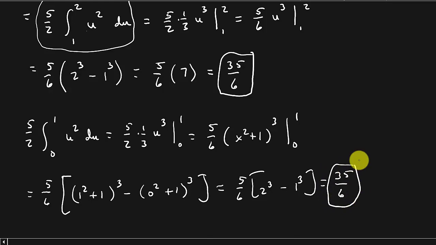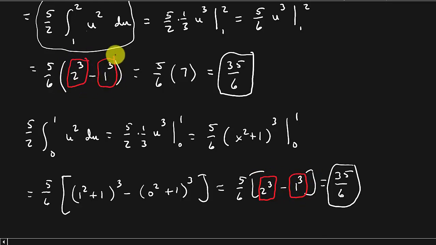Now, look at this. You see what all we had to do here? We had to plug the x squared plus 1 back in for u, and then do all this arithmetic here. But look at this, and let me show you. You see this part right here after we simplified? Look, that's the exact same thing right here.